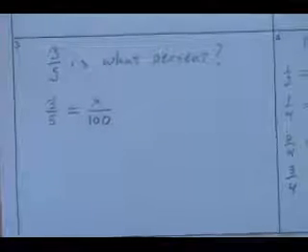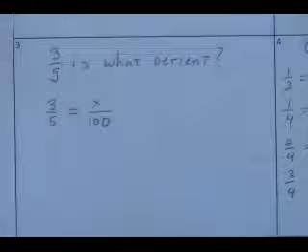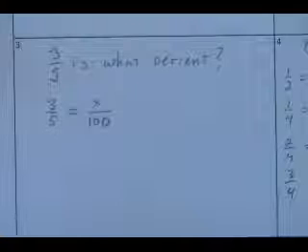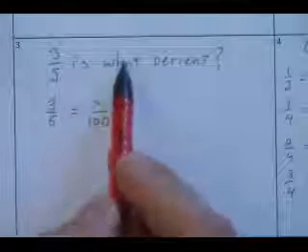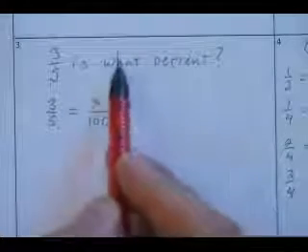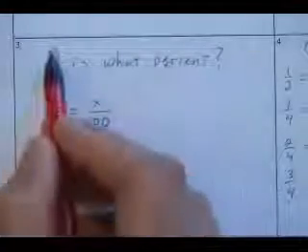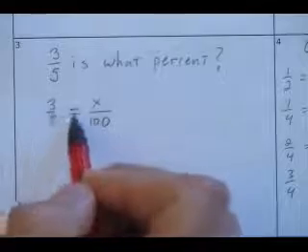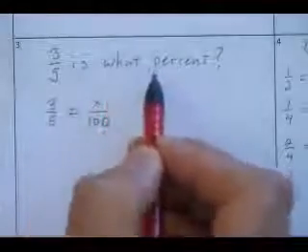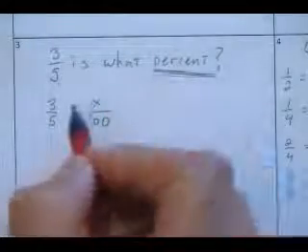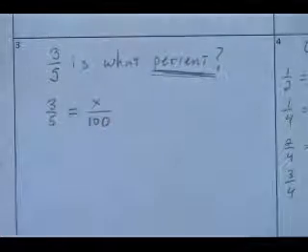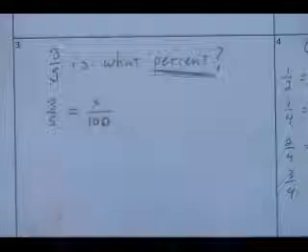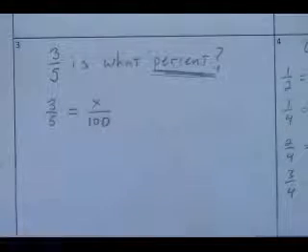Let's talk about an easy one. 3/5 is what percent? 3 out of 5 is what percent? So it's saying 3/5 equals what per 100, or what divided by 100. How do we solve?